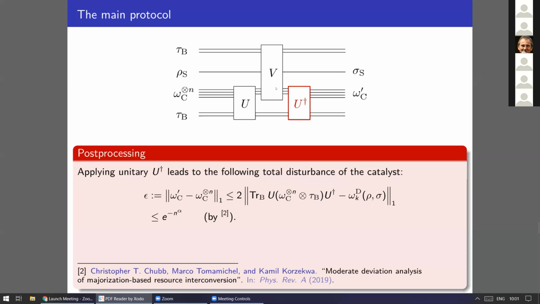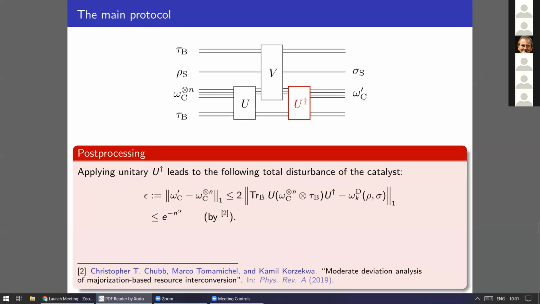And by using the triangle inequality applied to this transformation, one can easily show that the total error incurred by the catalyst can be upper bounded by twice each of those errors incurred by each of these unitaries.